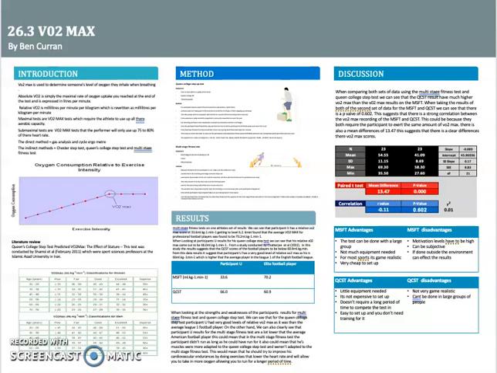The purpose of the study was to evaluate the relationship between stature and maximal oxygen uptake.